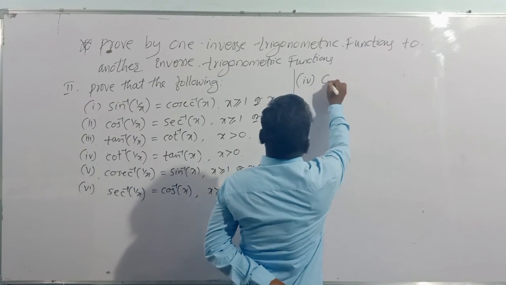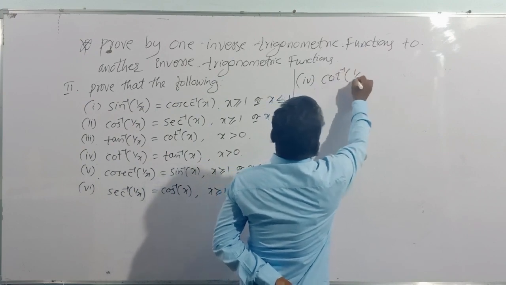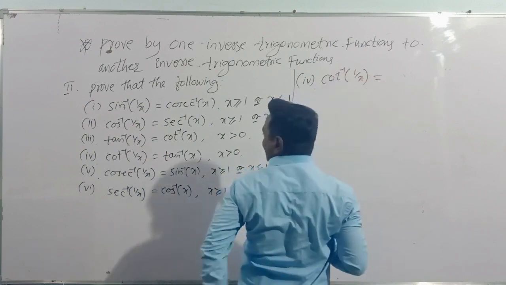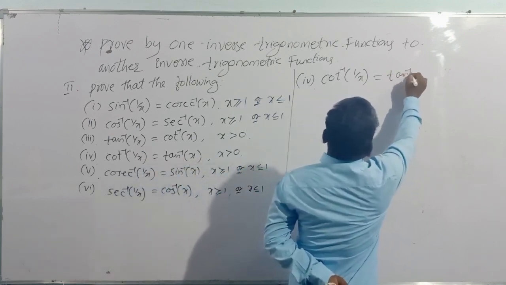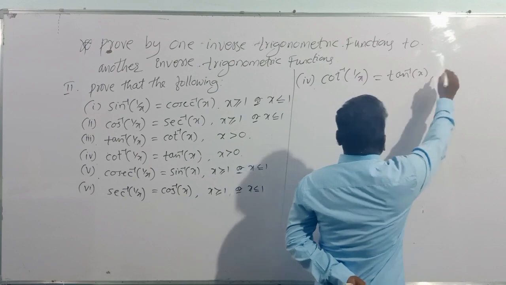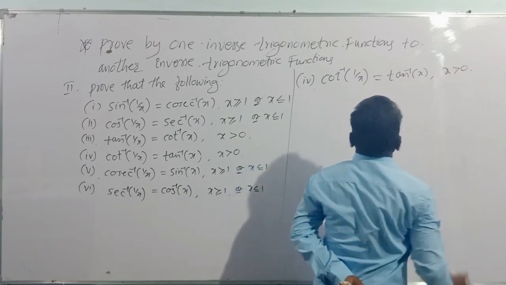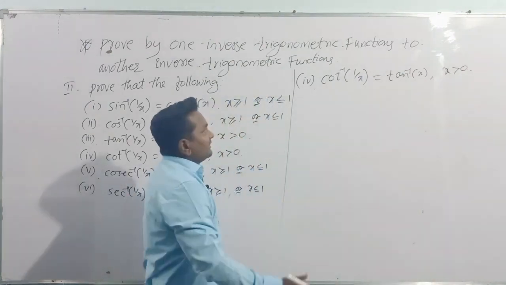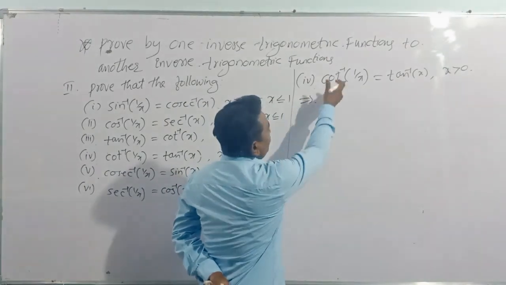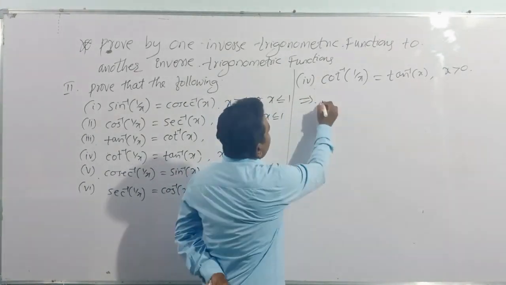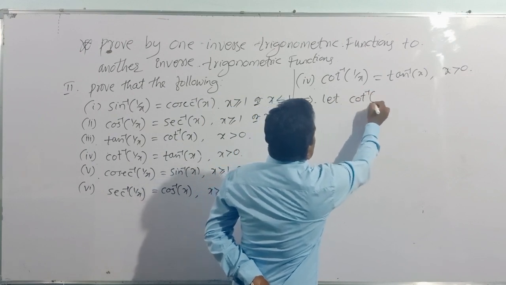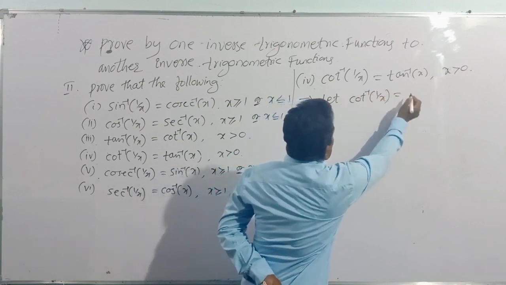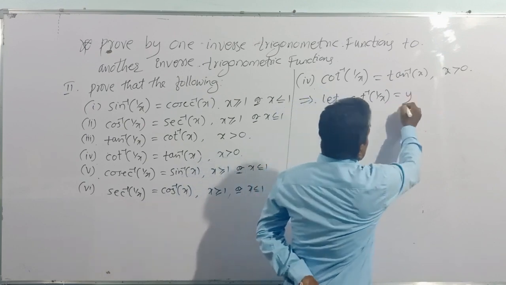Fourth property is cot inverse 1 by x is equal to tan inverse x. Now this implies, first let cot inverse 1 by x is equal to y.